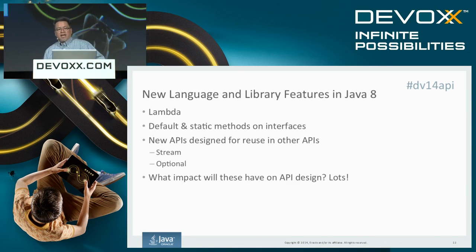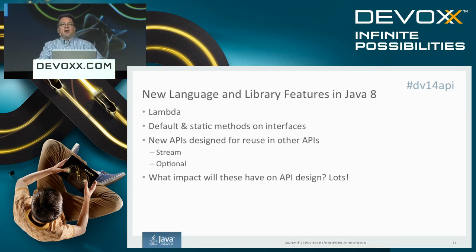Okay, now let's turn to Java 8. As you all know, there are many, many features added to Java 8. The biggest one, of course, is Lambda. So I'm going to be spending a lot of time talking about how the introduction of Lambda has changed APIs in Java 8. A few other things as well. We've augmented interfaces, and so interfaces can now have default methods and static methods.